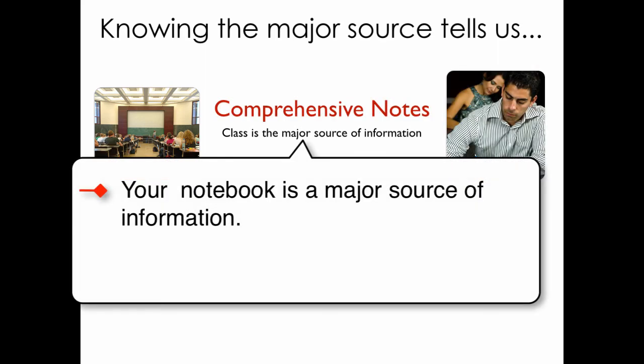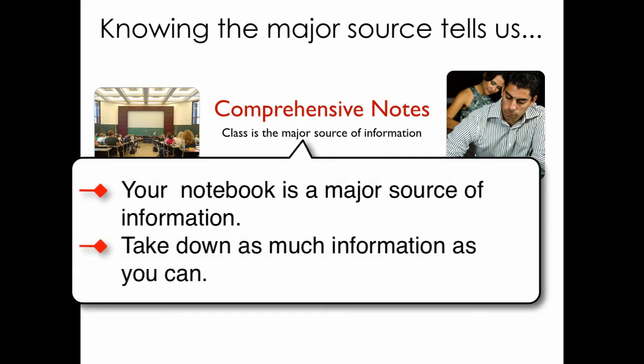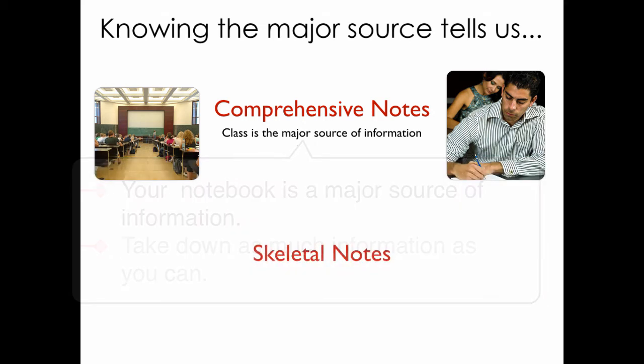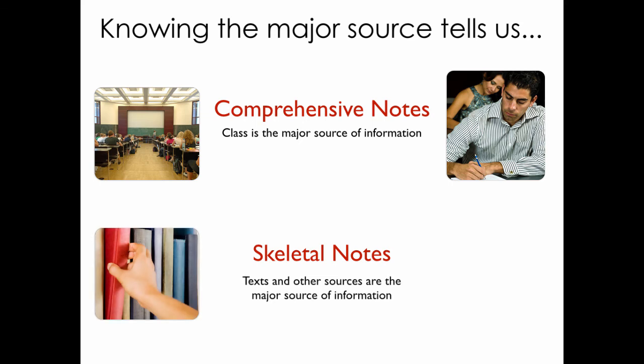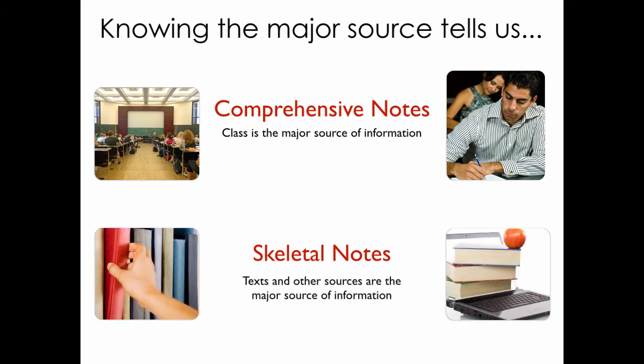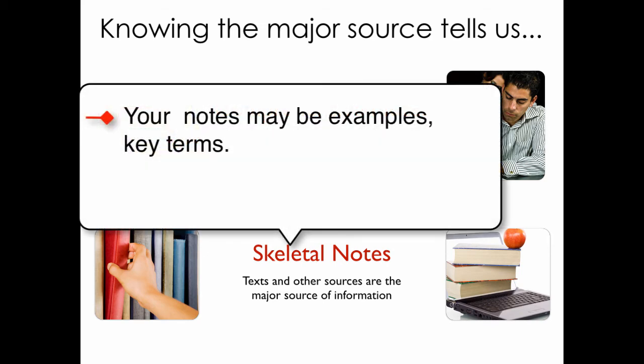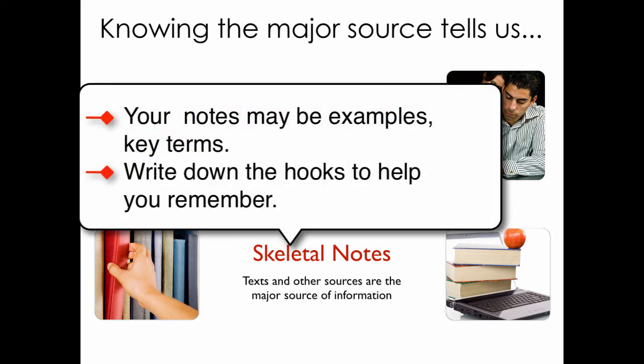Your notebook becomes the major source of information. So it's important to take down as much of the information as you can related to your purpose. Skeletal notes, on the other hand, are appropriate if the text or other sources outside of class are the major source of information. So your notes may be examples or key terms, just the hooks to help you remember.